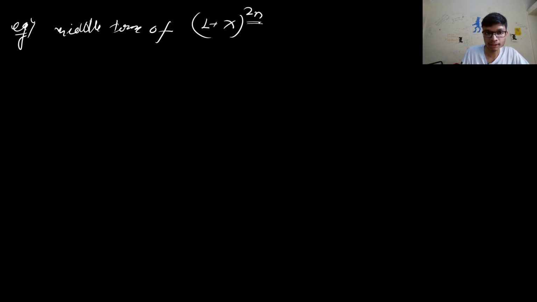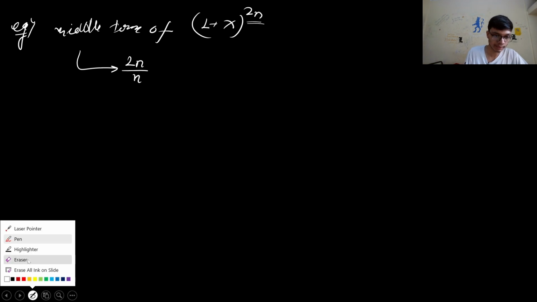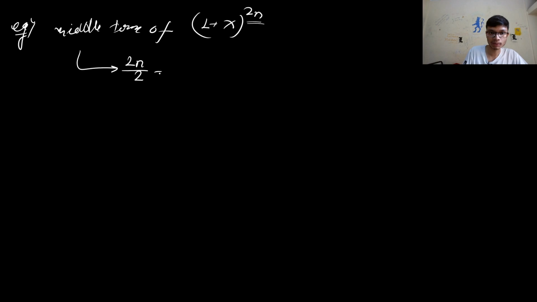Now we see that 2n is an even quantity, which means it will have 2n + 1 terms. Since the number of terms is odd, we will have only one middle term, and that middle term is the (2n/2 + 1)th term.